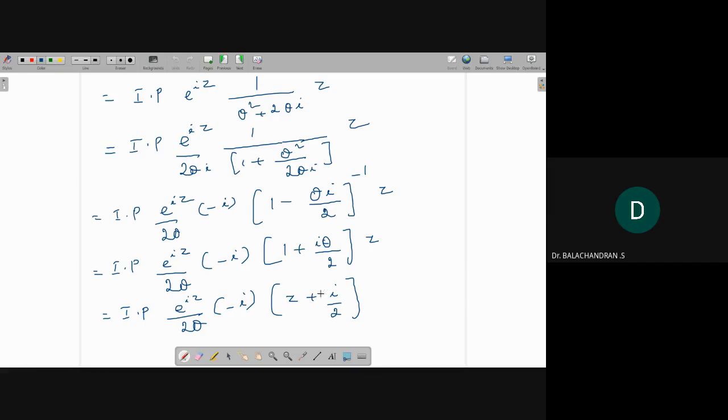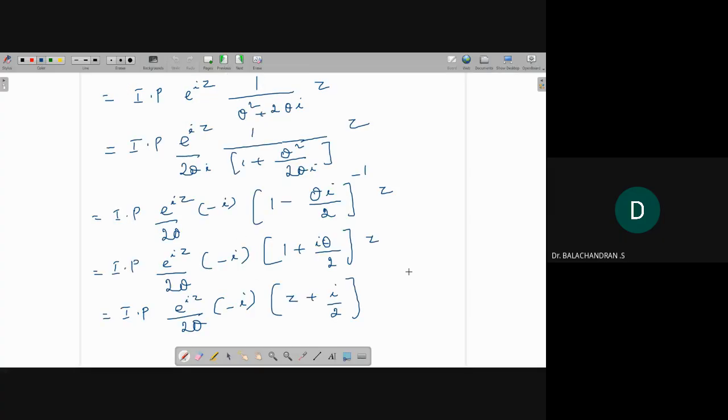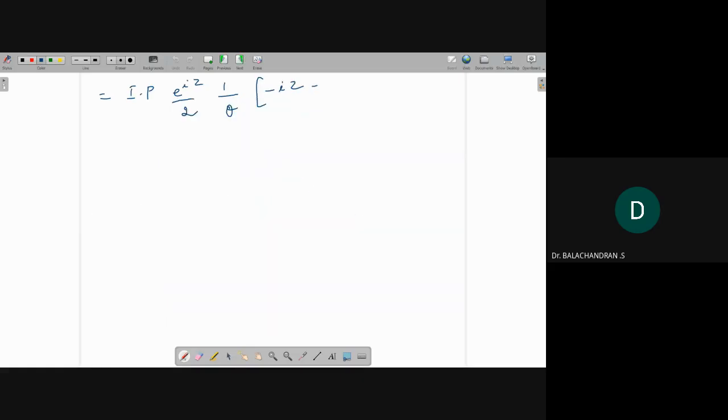If you multiply, you get minus iz, and i² minus, plus 1 by 2. Now you should integrate: the imaginary part of e^(iz) by 2, integrate with respect to z, minus iz² by 2 plus z by 2.